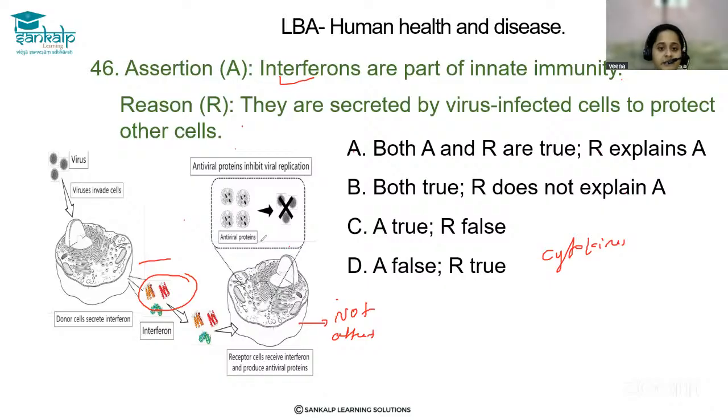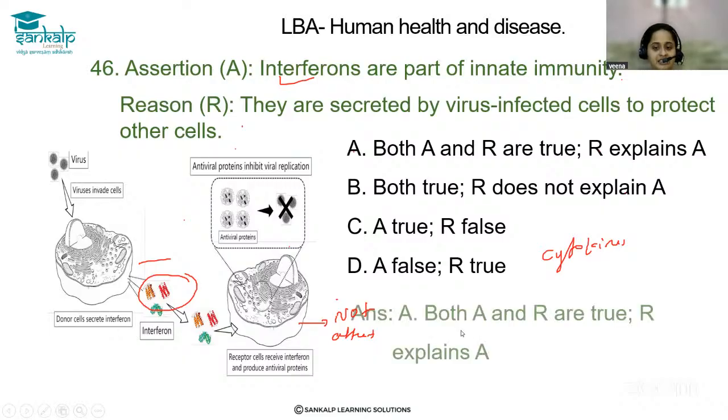The antiviral protein inhibits viral replication, so that this cell can easily escape from the infection. This is how interferons naturally are involved in the defense mechanism. So both the assertion and the reason are correct here. The correct answer is option A, both A and R are true, and R explains A.